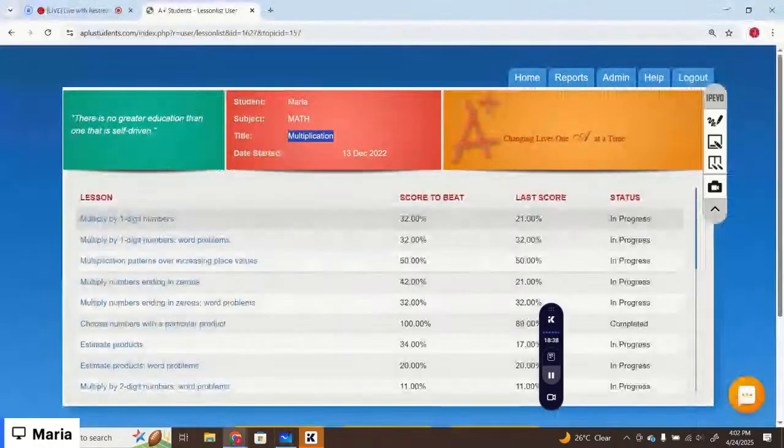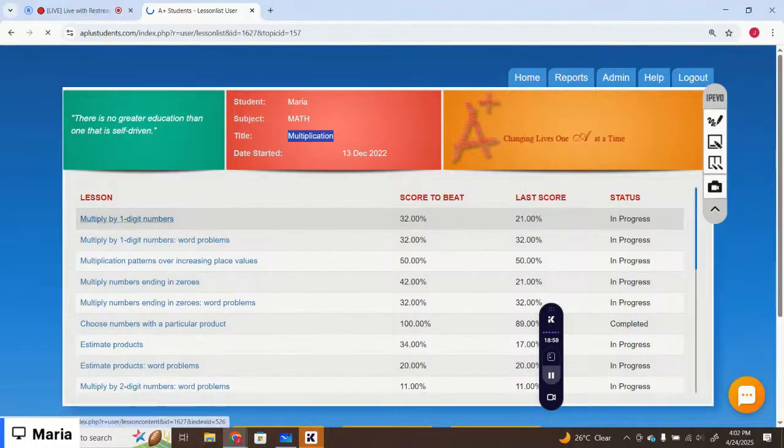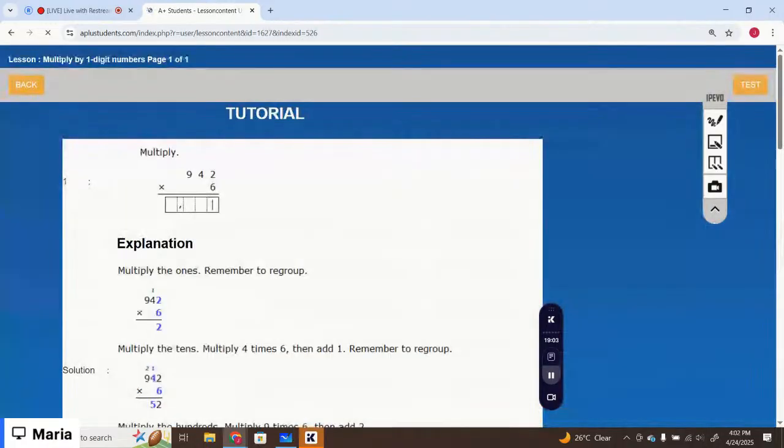Okay, here I'm on grade 5 math. Let's just start with the first lesson, that is multiply by one digit numbers. Let's just start with the lesson. 9 times 6, leave it.